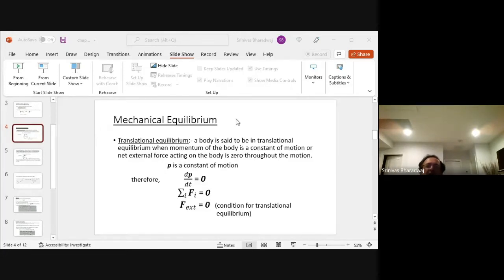Now the third equation is produced by taking torque about B. If you take torque about B, you have N2 times AD.